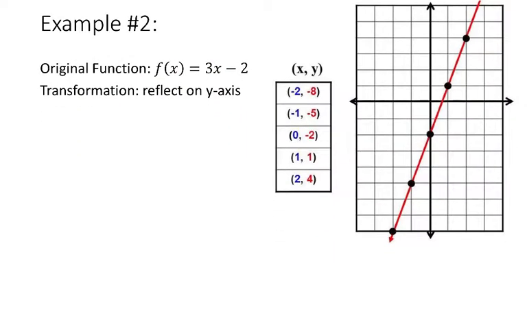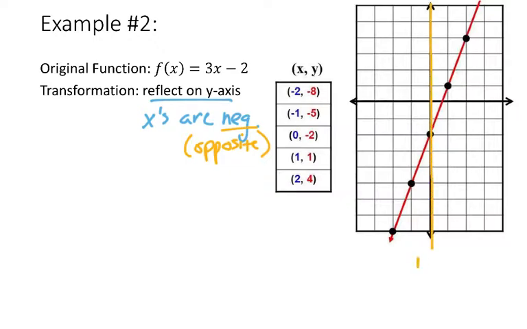Alright, then we have our second example, which is now going to reflect on the y-axis. And so that means that all of the x's are negative. And of course when we say negative, we also mean opposite, because if there already is a negative, then you would need to make it positive. Negative negative is positive. And if the x's are negative, again, the idea is that this has become the mirror, or the place that it's flipped, because it's the y-axis.